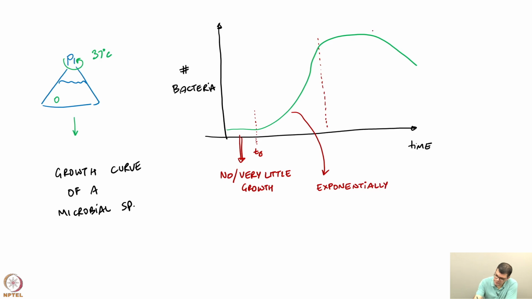In the third phase, let's say this happens till time t1. In the third phase, t1 to t2, the numbers of bacteria in the flask more or less stay constant. This is the phase when all the nutrients have been used up.